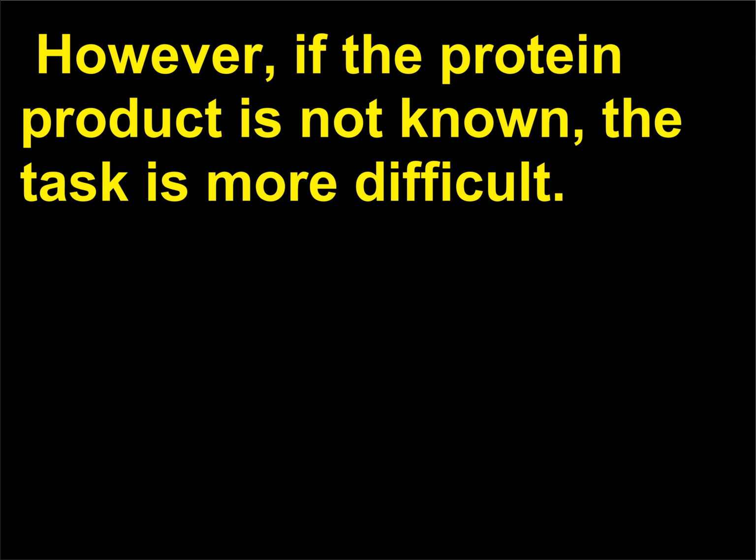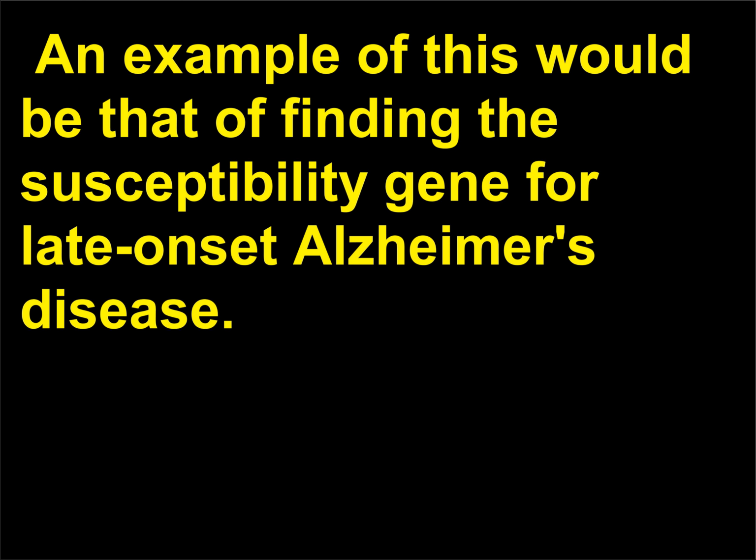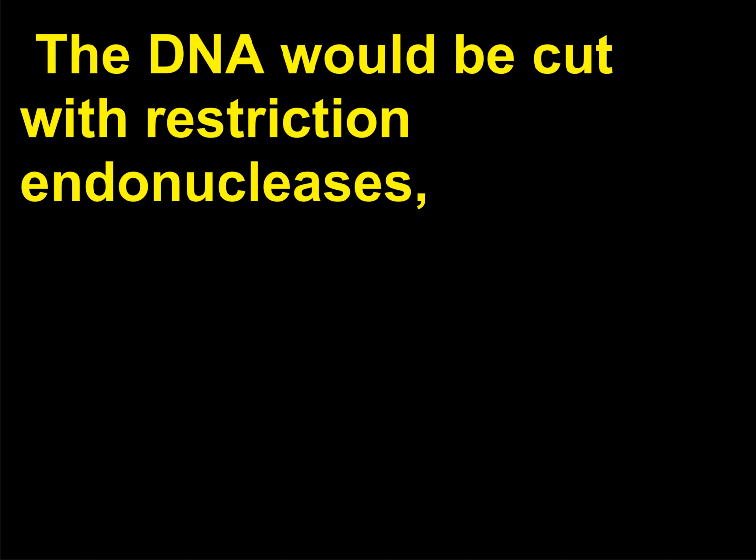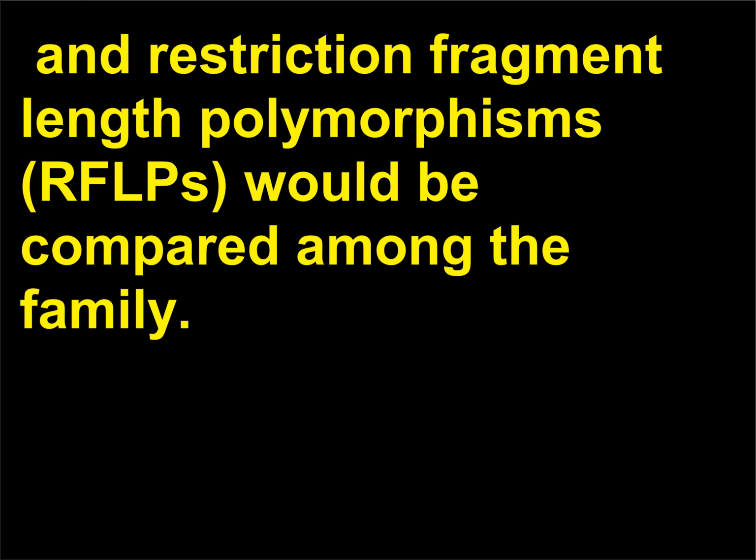However, if the protein product is not known, the task is more difficult. An example of this would be that of finding the susceptibility gene for late-onset Alzheimer's disease. DNA samples would be collected from family members of a patient with late-onset Alzheimer's disease. The DNA would be cut with restriction endonucleases, and restriction fragment length polymorphisms, RFLPs, would be compared among the family.